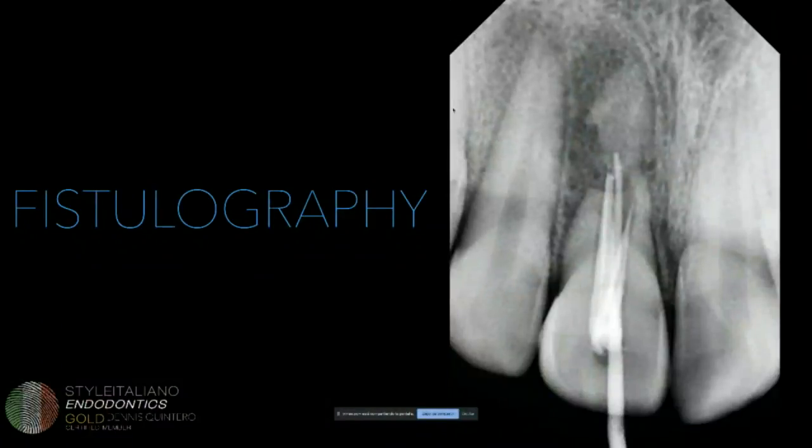So in this case, I also have to make sure that tooth 1.2 has no problem at all, because on this periapical X-ray it's very difficult to see. There's also a lesion in the periapical area of tooth 1.2.